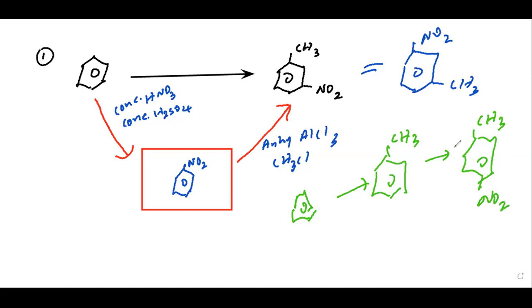Para position NO2. This is wrong. Therefore in this conversion, first step you should never add methyl group. Why? Methyl group is ortho para directing, activating the benzene, so then NO2 goes to the para position. Is that clear? So same reagent, but you have to put them in the correct order.